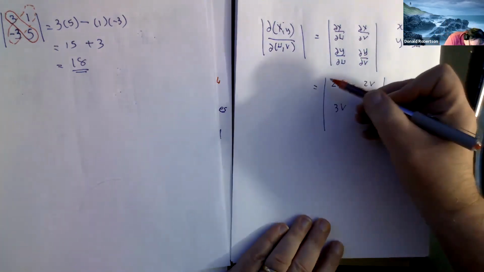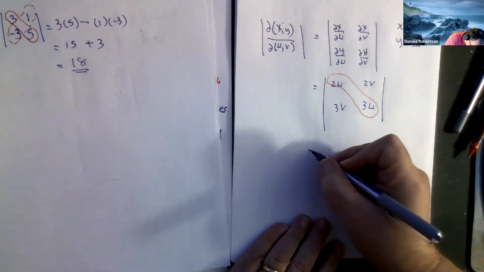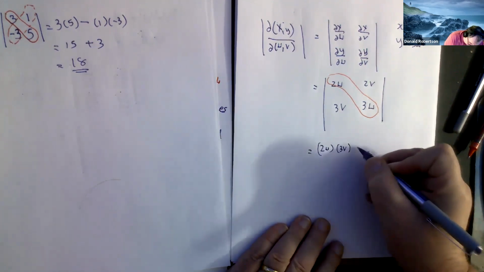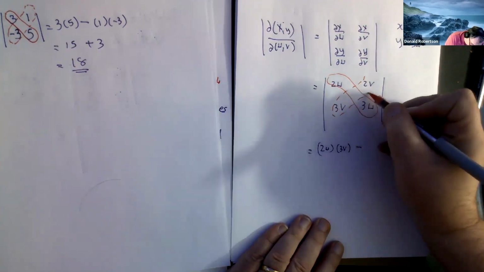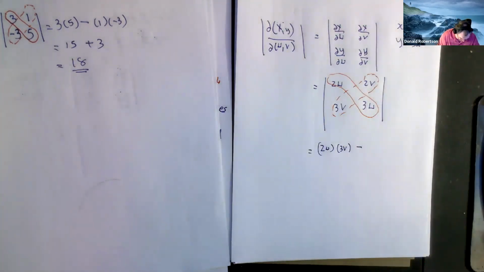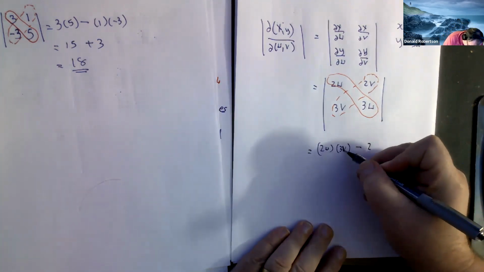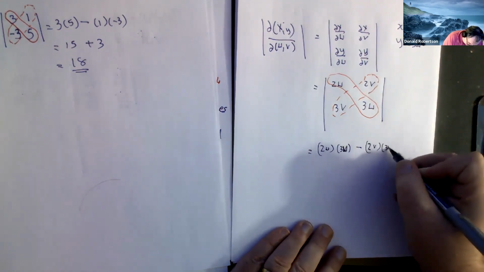Okay. Then major diagonal is those two guys. So 2u times 3v. Take away minor diagonal, which is those two guys. So take away a 2v times a 3u.